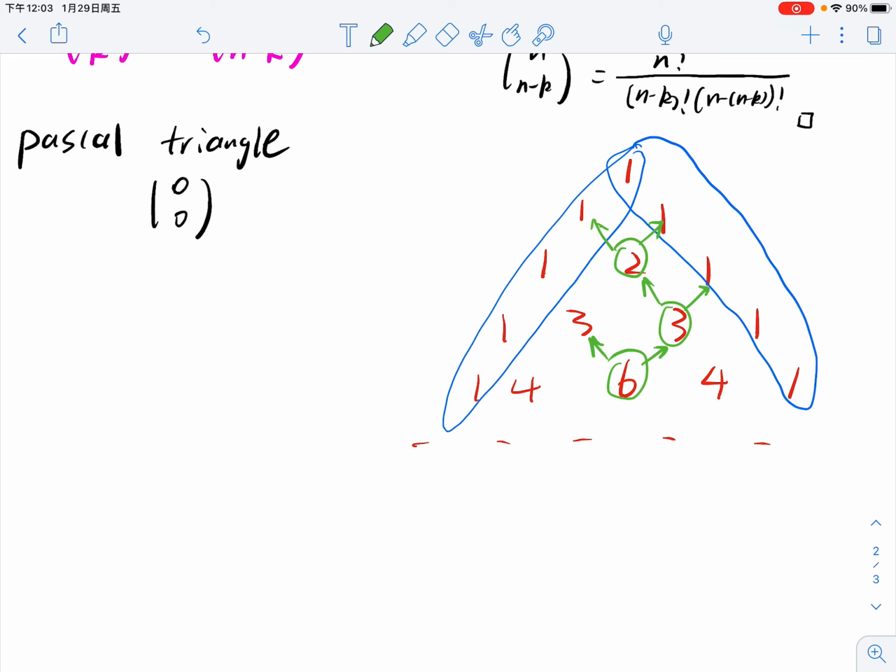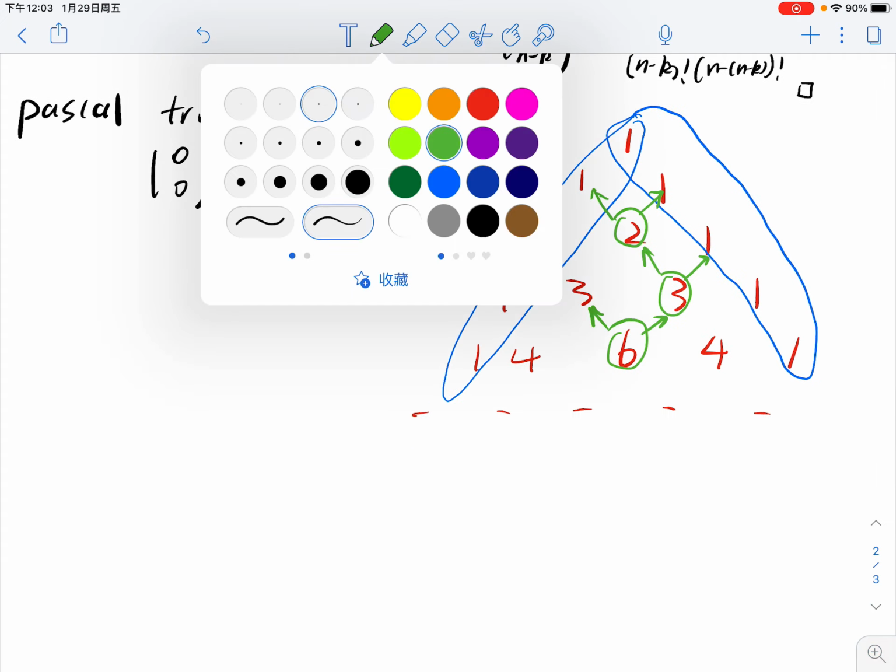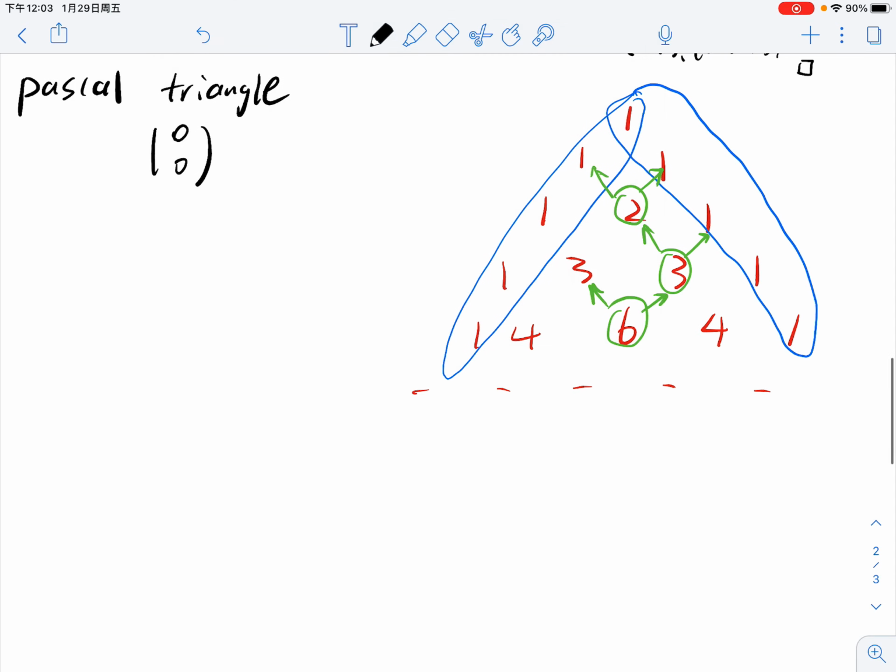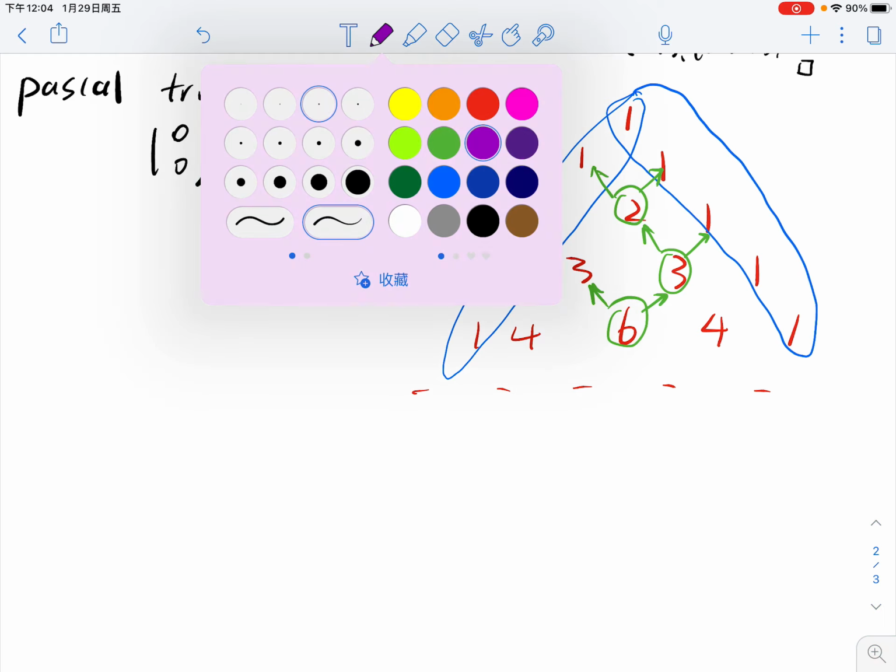Okay, so that's called Pascal's Triangle. And if you are familiar with the distribution law of polynomials, you will see that these are the coefficients. So let's see.